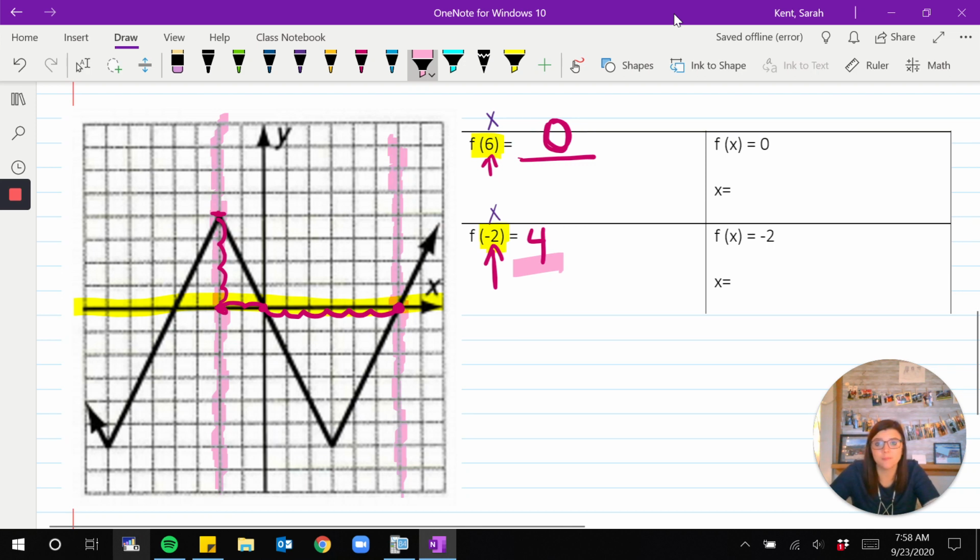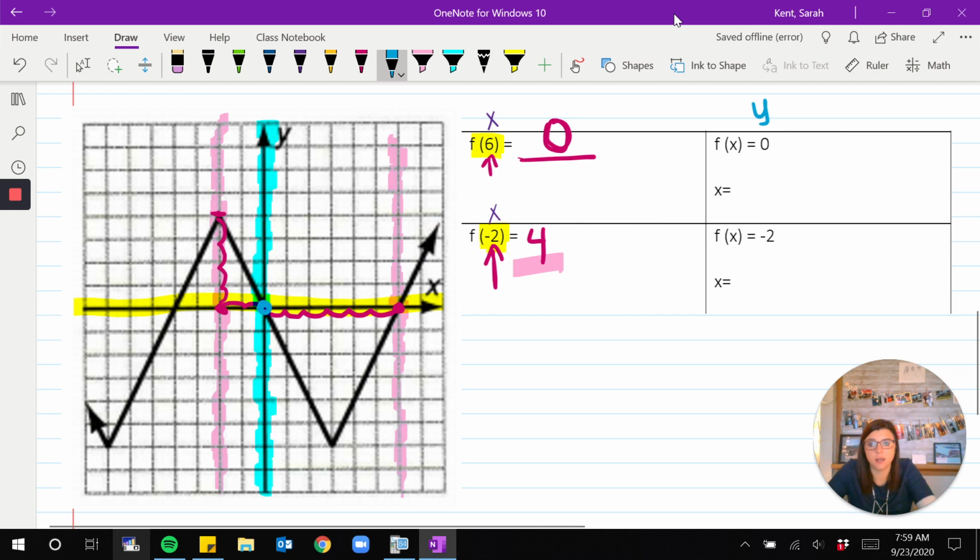So now we have another one. So again here, f of x equals 0. That means this 0 is our y. So for the y, we want to look at what crosses the y-axis, right here, going up and down. So let's see, if x equals 0, well, here is 0.